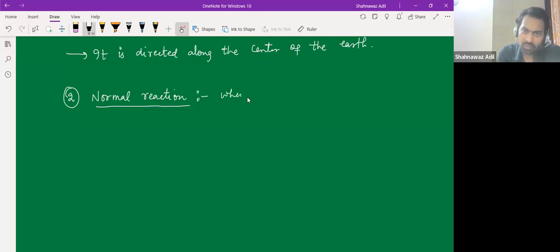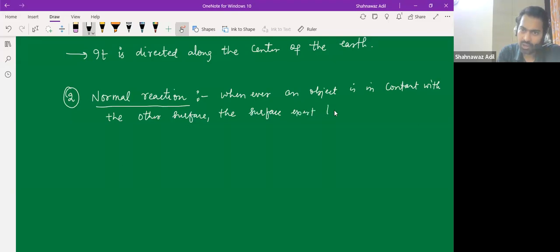Whenever two surfaces are in contact, or whenever an object is in contact with the other surface, the surface exerts a force perpendicular to it, right?